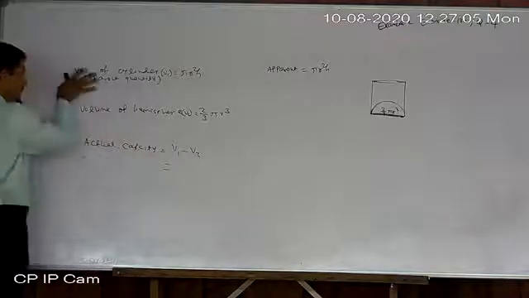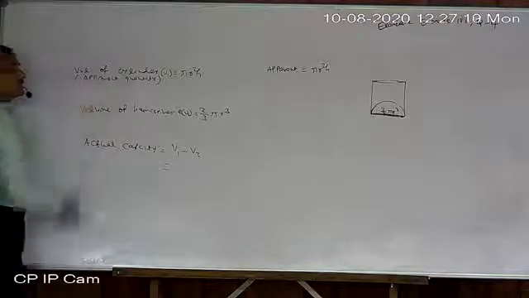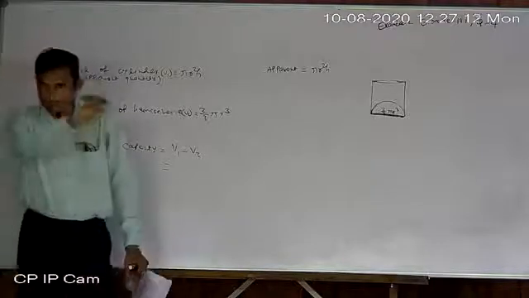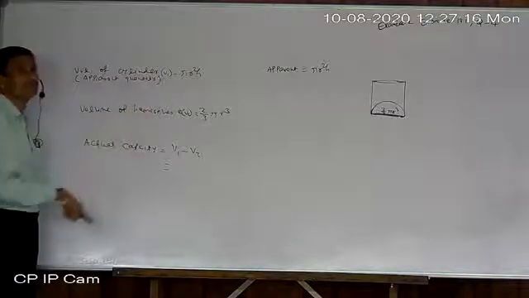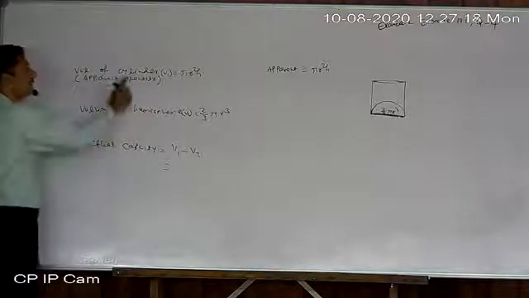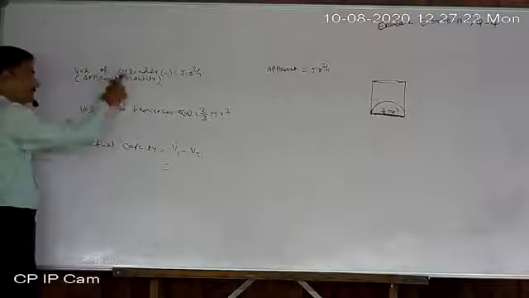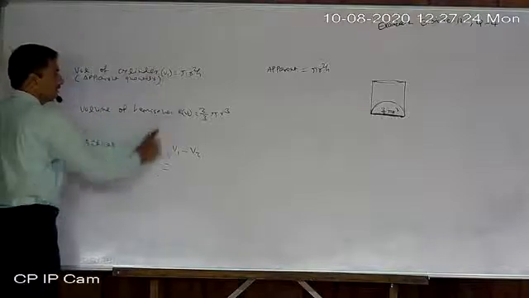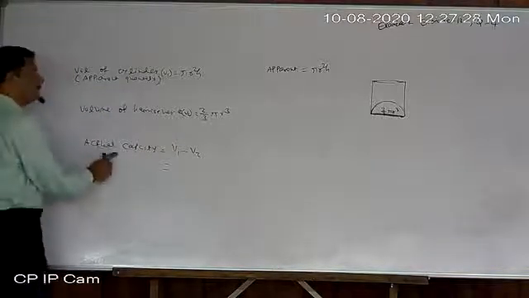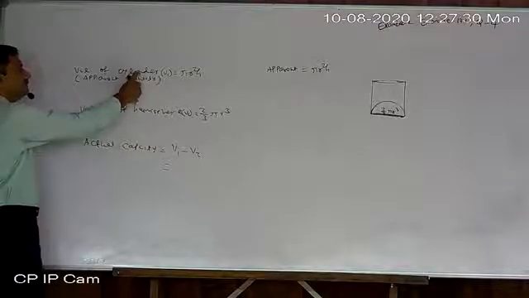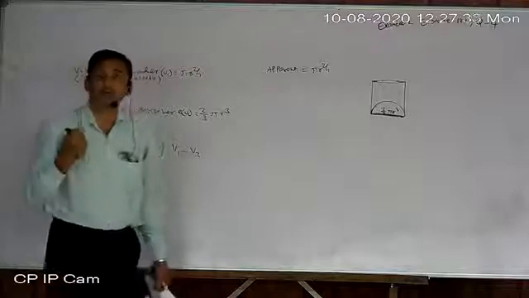We found both parts separately because separate parts are asked. Otherwise within one step also we get that answer: pi r square h minus 2 by 3 pi r cube. But we want these individual volumes also. So we found both volumes individually, then took the difference, and that will be the actual capacity. And the first will be, sorry, not real but apparent.